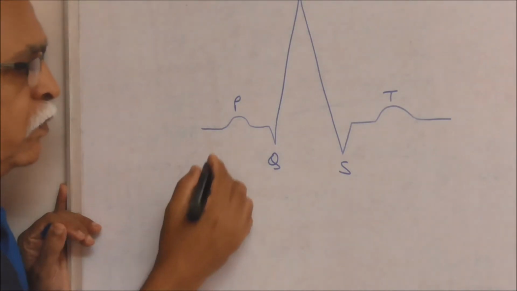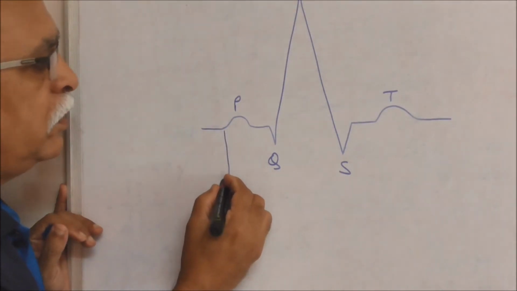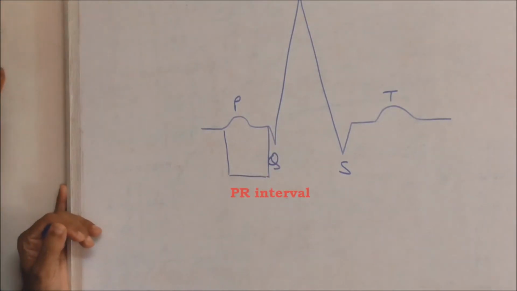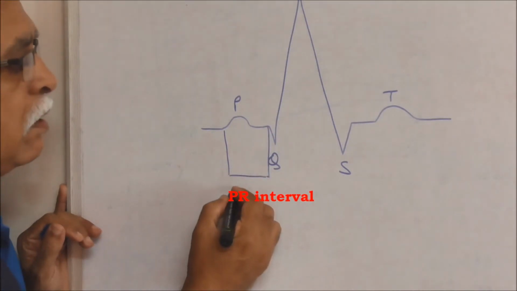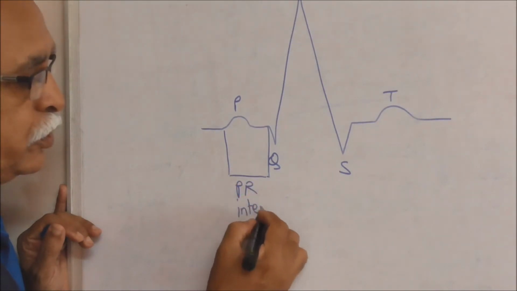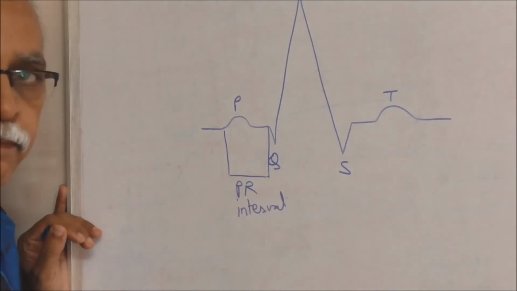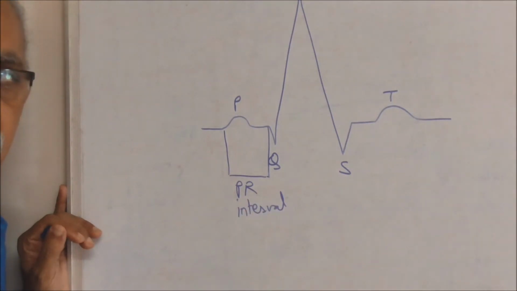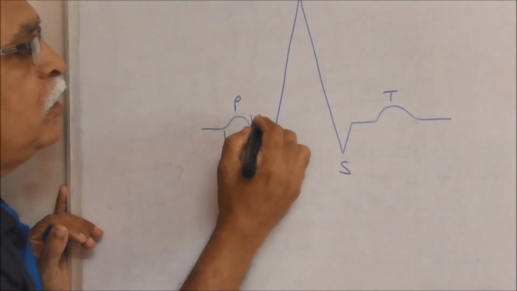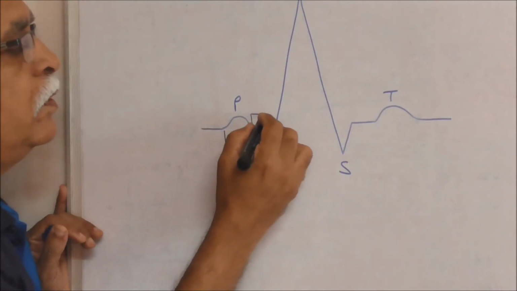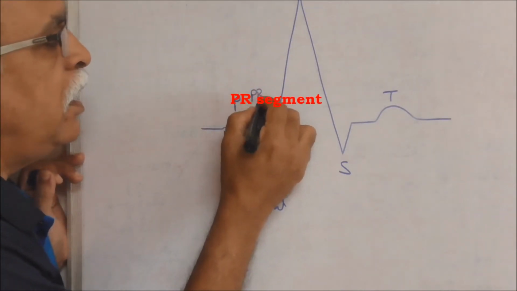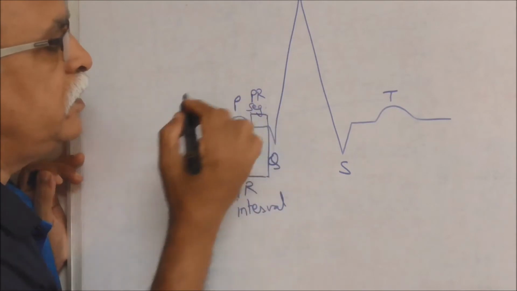In this, from here till here, it is standard. It is named the PR interval. From here till here, it is the PR segment.